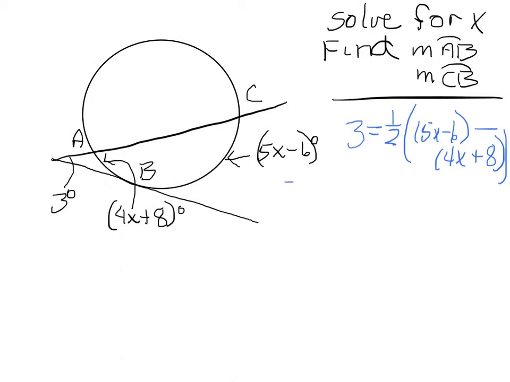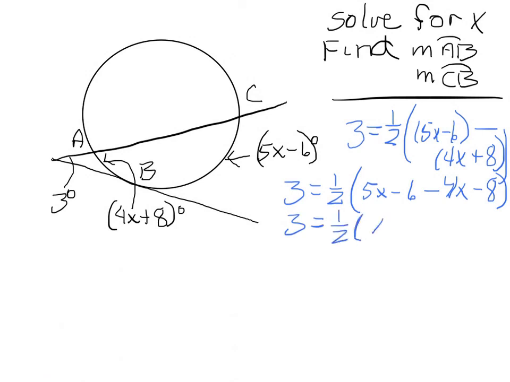And so when we work that out, we get 3 equals 1/2 times 5x minus 6, and now we're subtracting 4x plus 8, which is minus 4x minus 8, and then combining like terms, we get x minus 14.